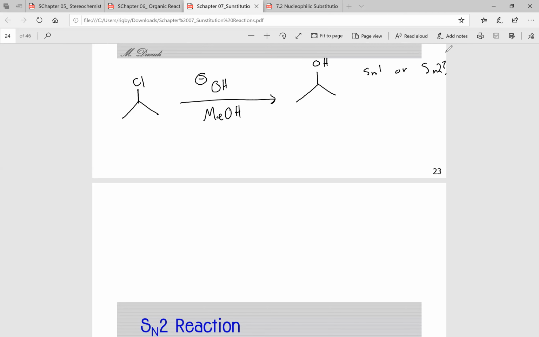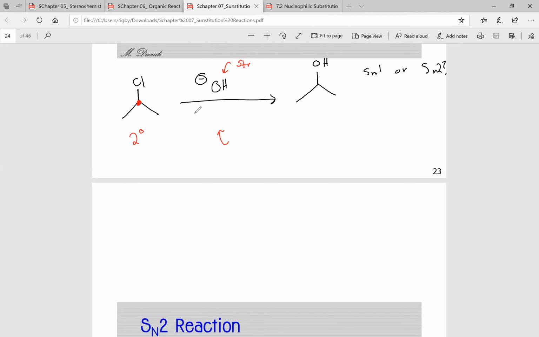The way that I do this is I first start with this substrate. So this is our substrate. We can see here that this chlorine is attached to a secondary carbon. The secondary carbon, it can either go for Sn1 or Sn2. So then we go on to what is our nucleophile. We see here that OH is our nucleophile, so it's a strong nucleophile. And furthermore, oh, I'm sorry, this shouldn't be methanol, this should be DMSO.